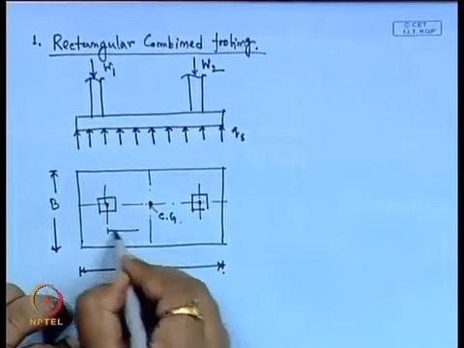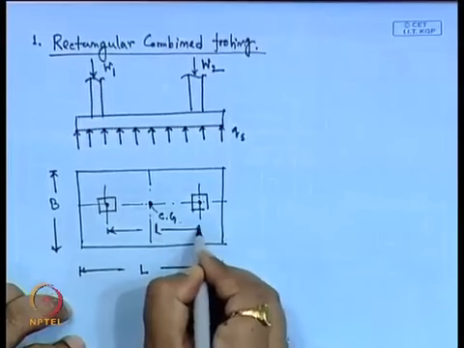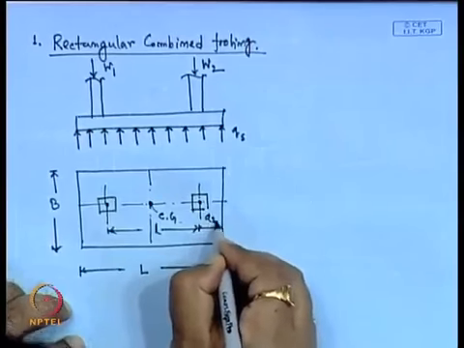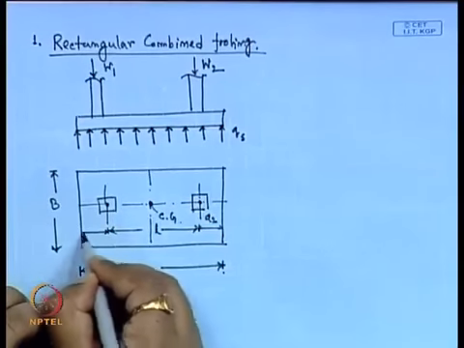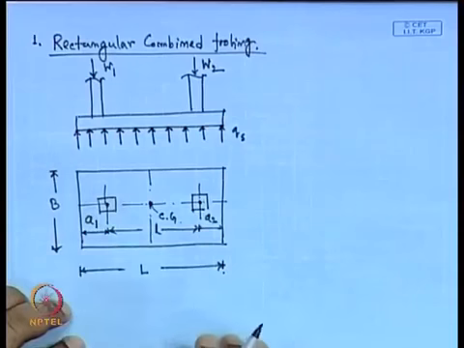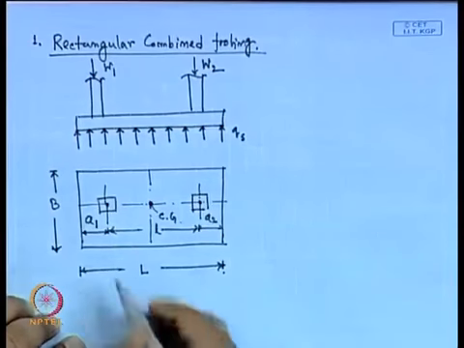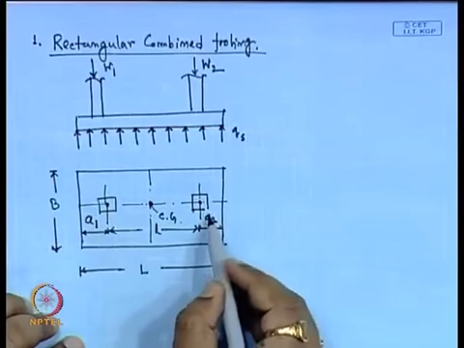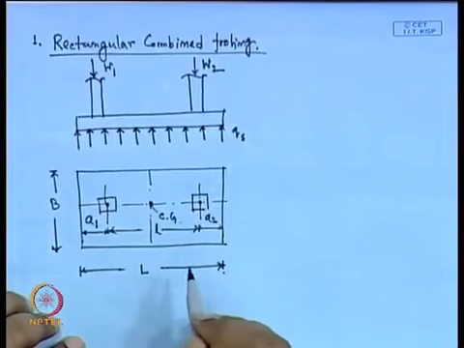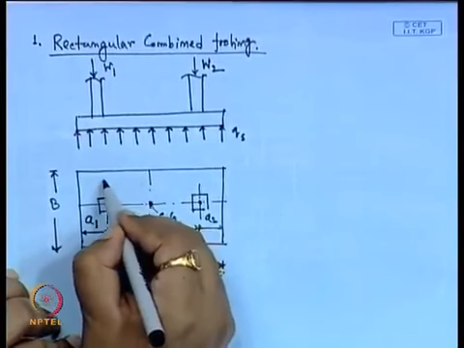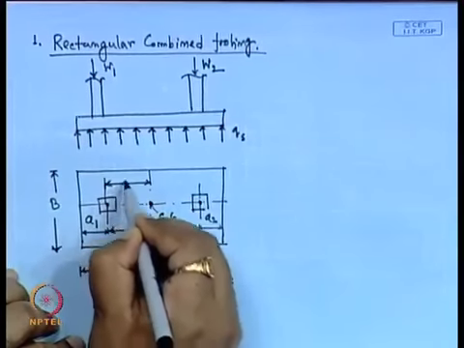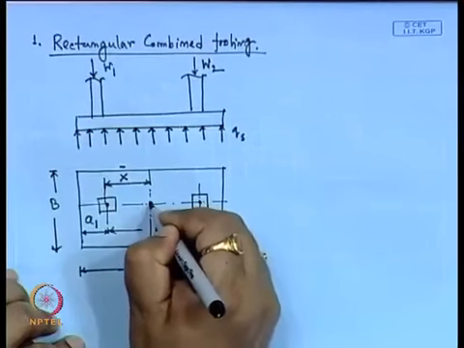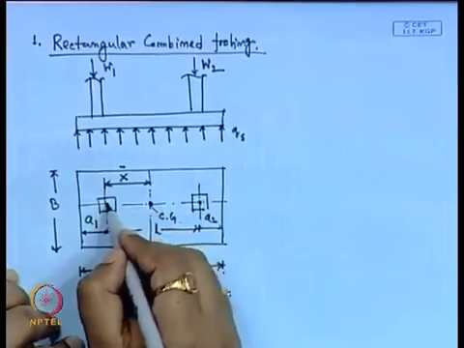Now, the spacing between the two columns is small l, which is known. A1 is the distance from the center of the first column to the edge of the foundation, and A2 is the distance from the center of the second column to the edge. x bar is the distance from the centroid of the total combined footing to the center of the first column.